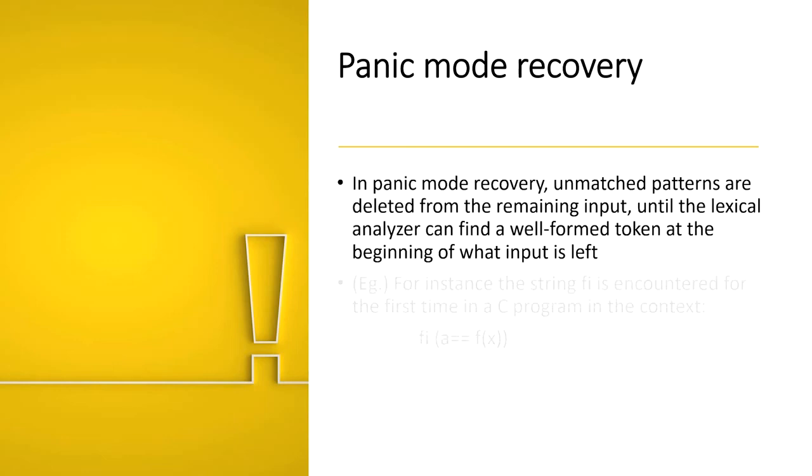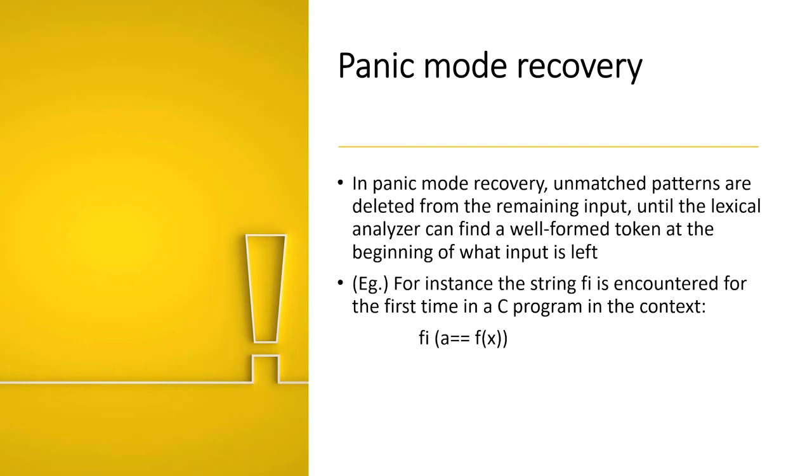For instance, the string fi is encountered for the first time in a C program in the context fi (a == f(x)). A lexical analyzer cannot tell whether fi is a misspelling of the keyword if or an undeclared function identifier.